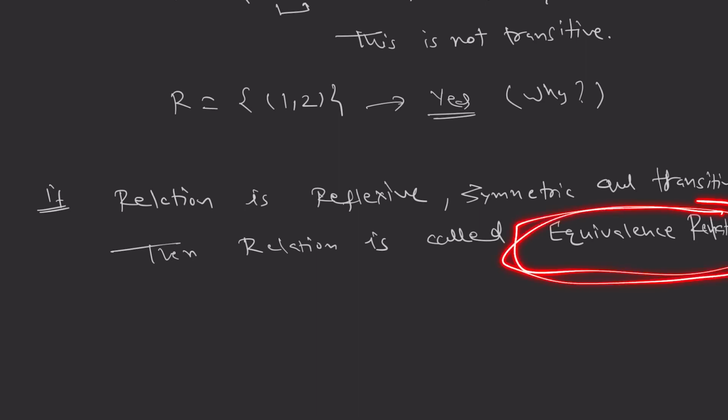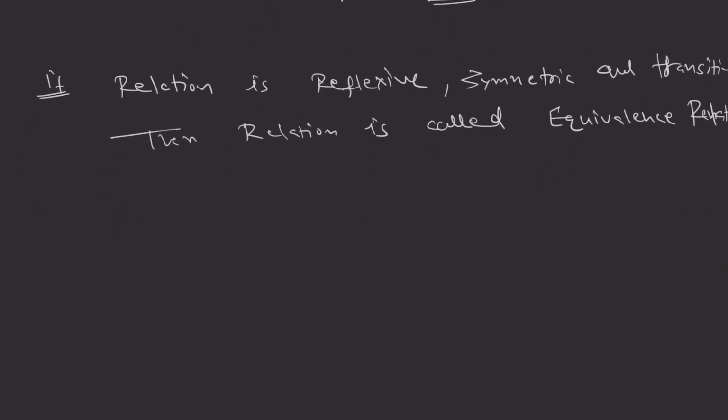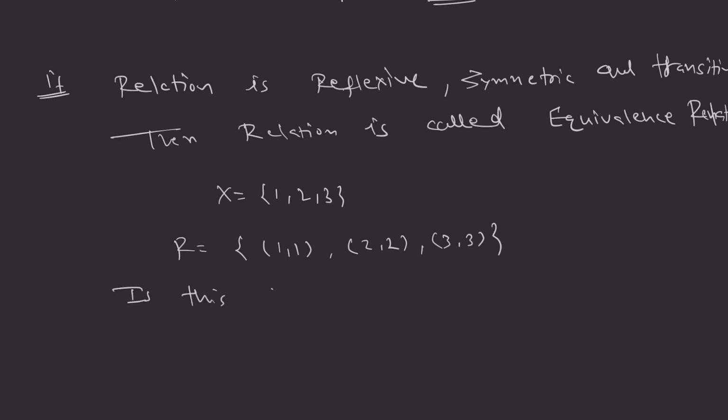Equivalence relation. Now tell me, I'll write an example R from that set {1, 2, 3}. R equals {(1,1), (2,2), (3,3)}. Is this symmetric or not?